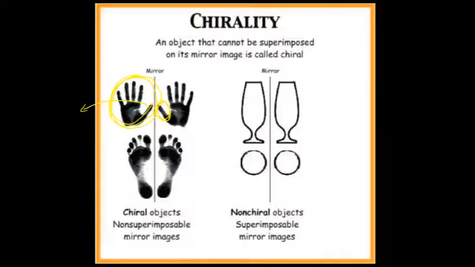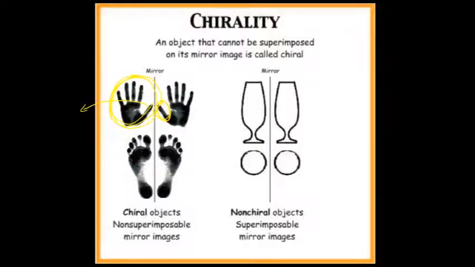But no, the reason is that in one hand the palm is pointing upward, in the other hand the palm is pointing downward. So they are not superimposable. Superimposable means that every point should superimpose, not just the fingers or thumbs. So the hands are not superimposable, your feet are not superimposable.